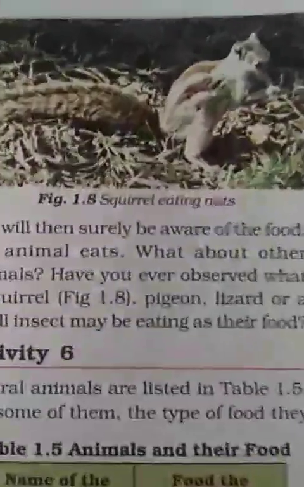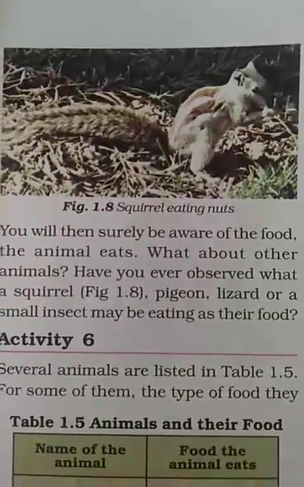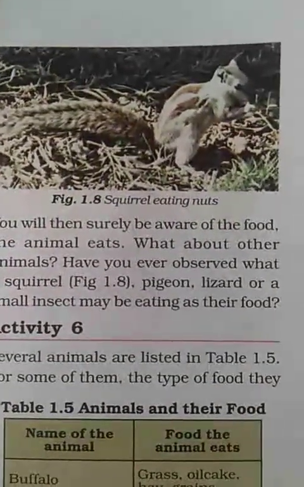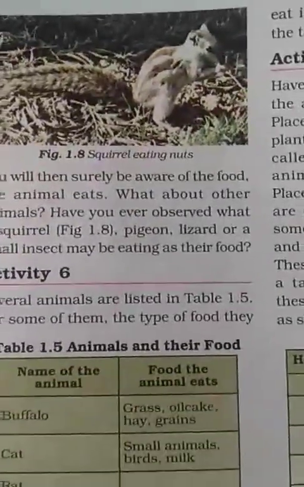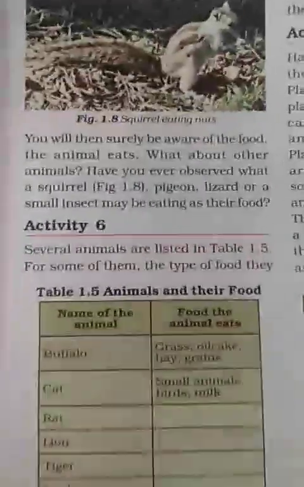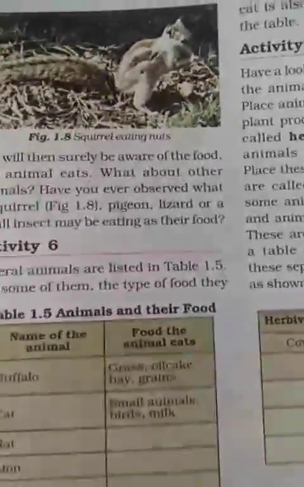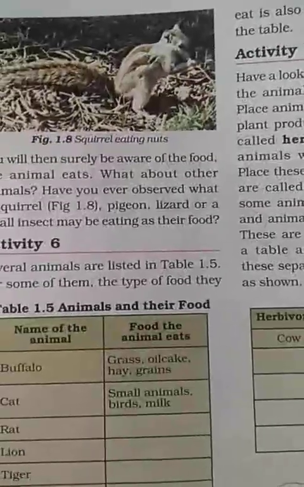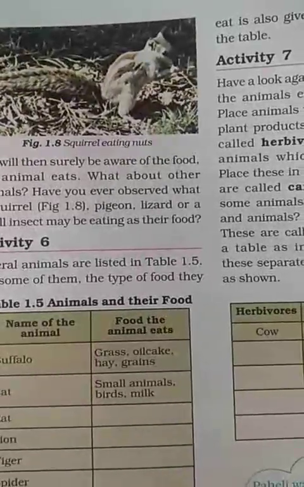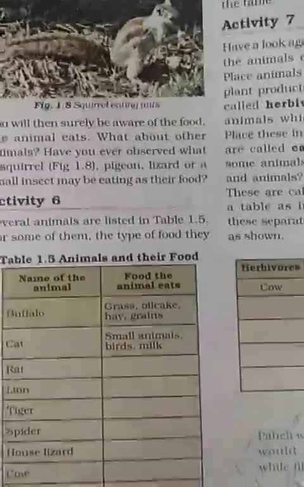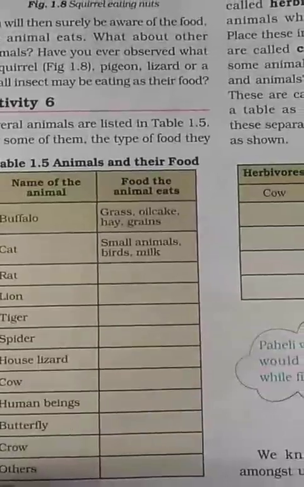Here you can see the picture of a squirrel eating nuts. You will then surely be aware of the food the animal eats. What about other animals? Have you ever observed what a squirrel, pigeon, lizard or a small insect may be eating as their food?